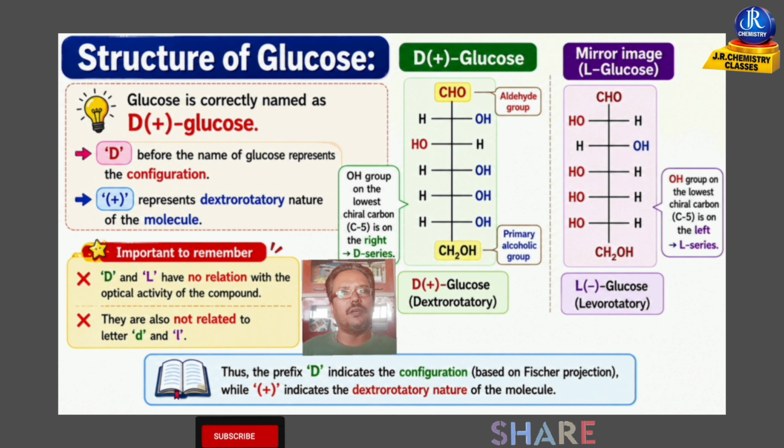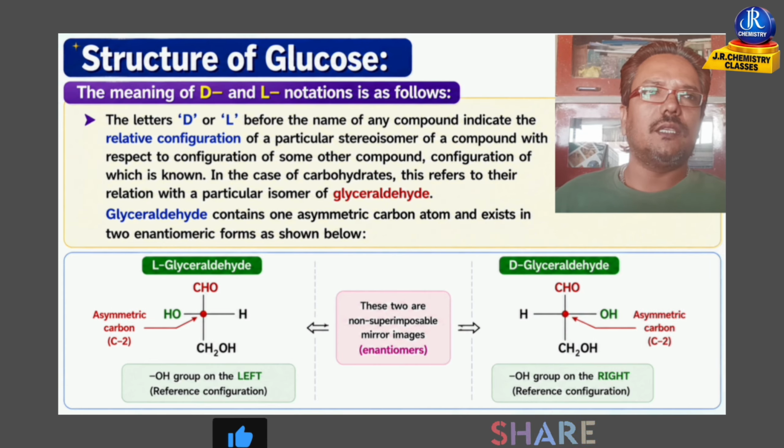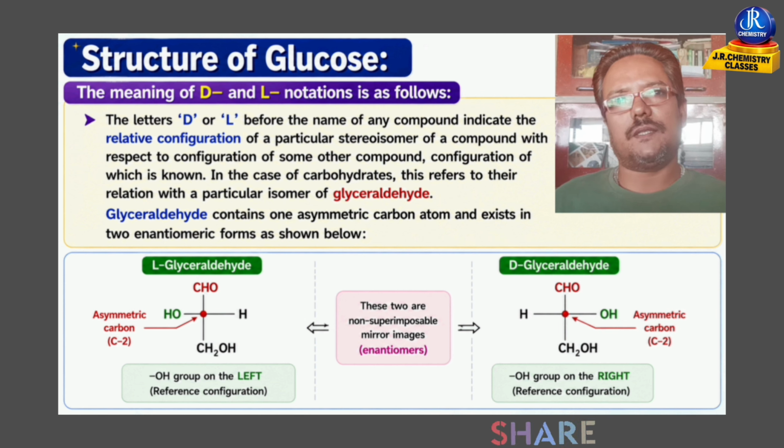It should be remembered that D and L have no relation with the optical activity of the compound. They are also not related to letter small d and small l. The meaning of D and L, capital D and capital L notation, is as follows.